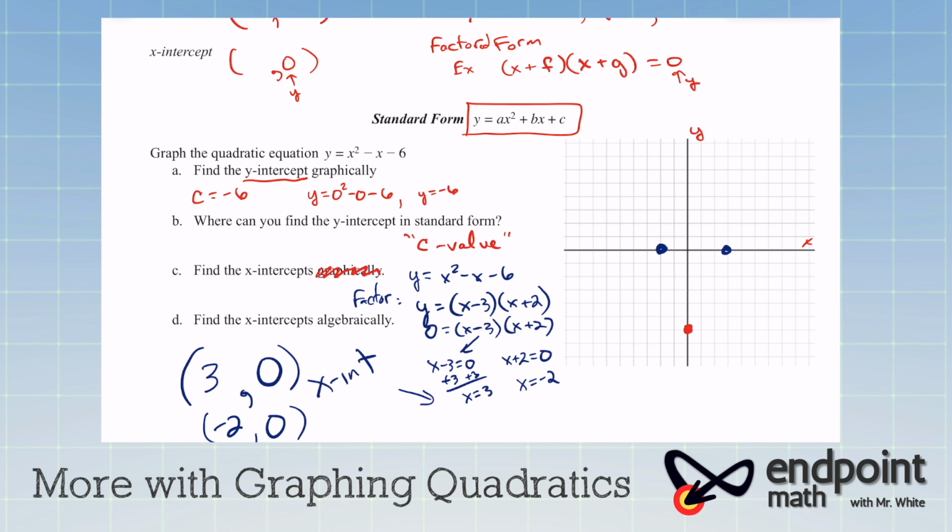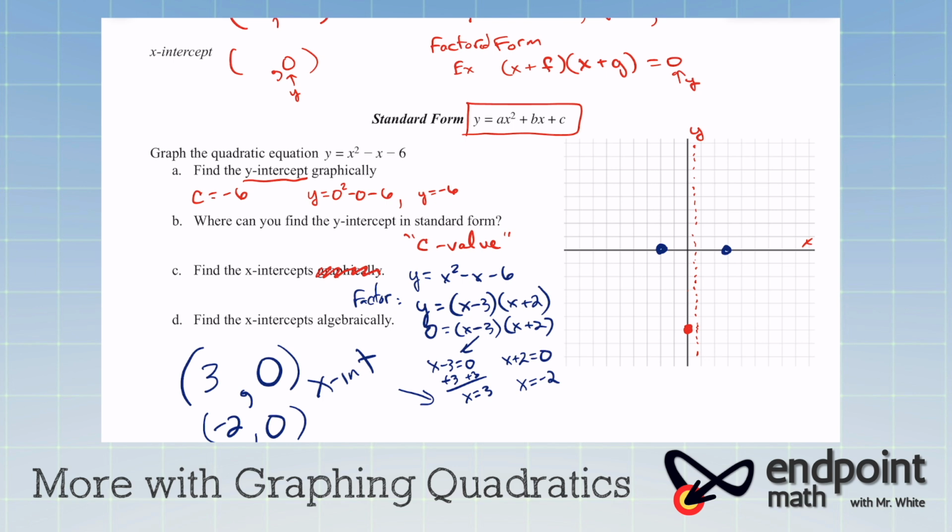Now I'm starting to get a good visualization of this because the axis of symmetry would be right in the middle of these two. It would be directly in the middle. Let me repeat that. The axis of symmetry would be right in the middle. Now you might be wondering, why am I drawing it at 0.5? Because that's where the middle of 3 and negative 2 is.